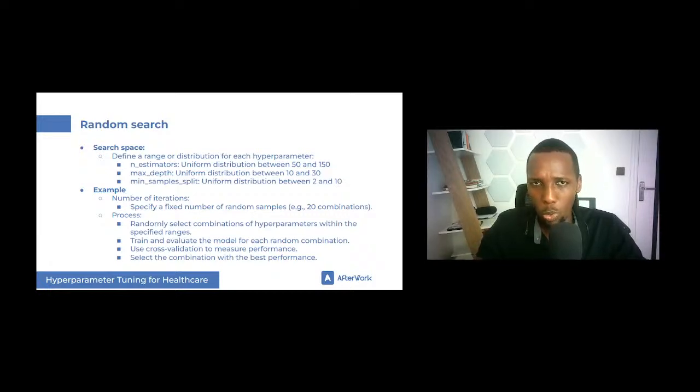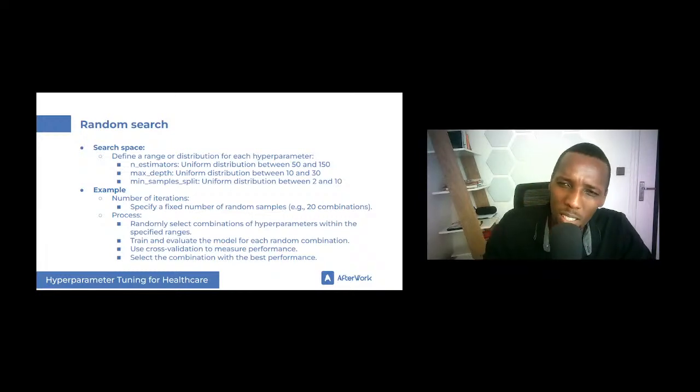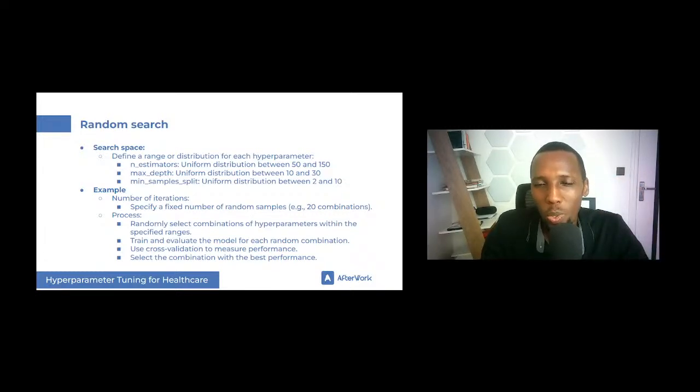Then, when you're starting out, you can specify that you want to try 20 different combinations, or alternatively you can specify how many times you want to check for a set of combinations. So initially you might set that hyperparameter space that you want to check.